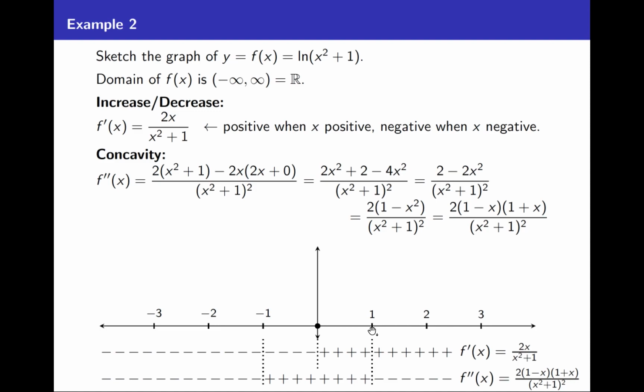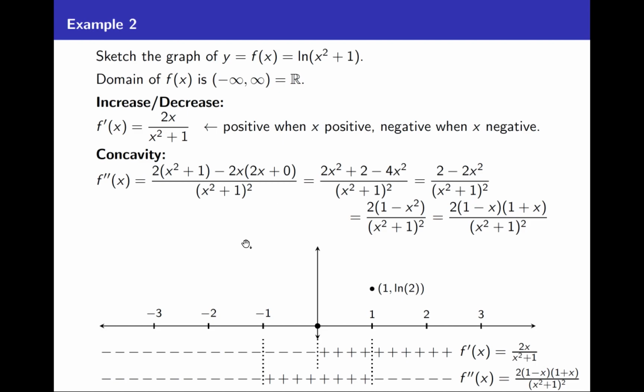So let's do f of 1. F of 1 would be ln of (1 squared plus 1), or ln of 2. And ln of 2 is about 0.7, so it's about right there. There's the point (1, f of 1). And then f of -1 would be ln of ((-1) squared plus 1).